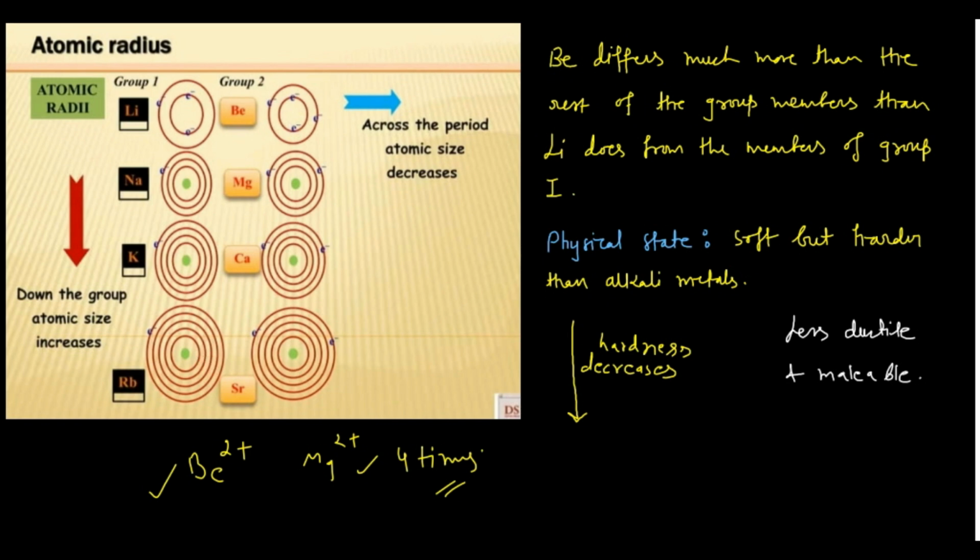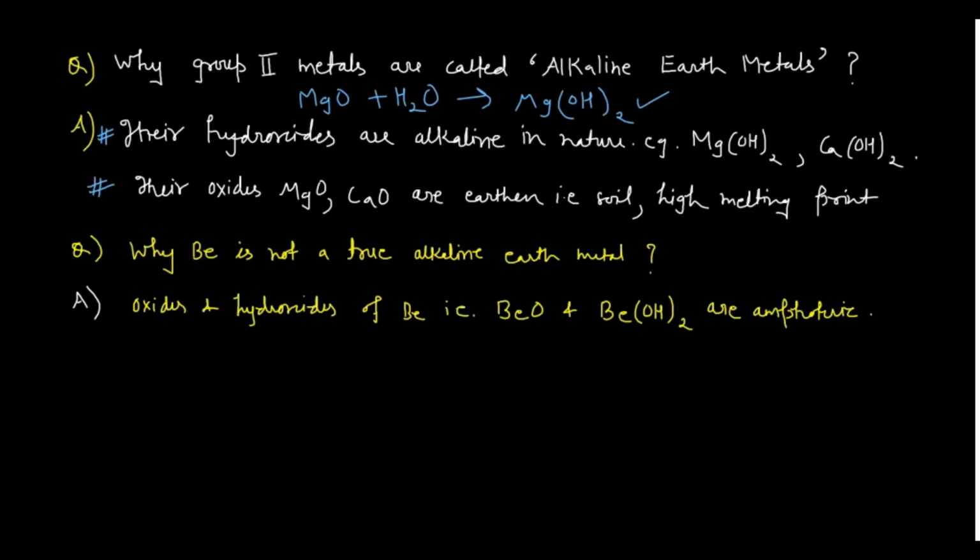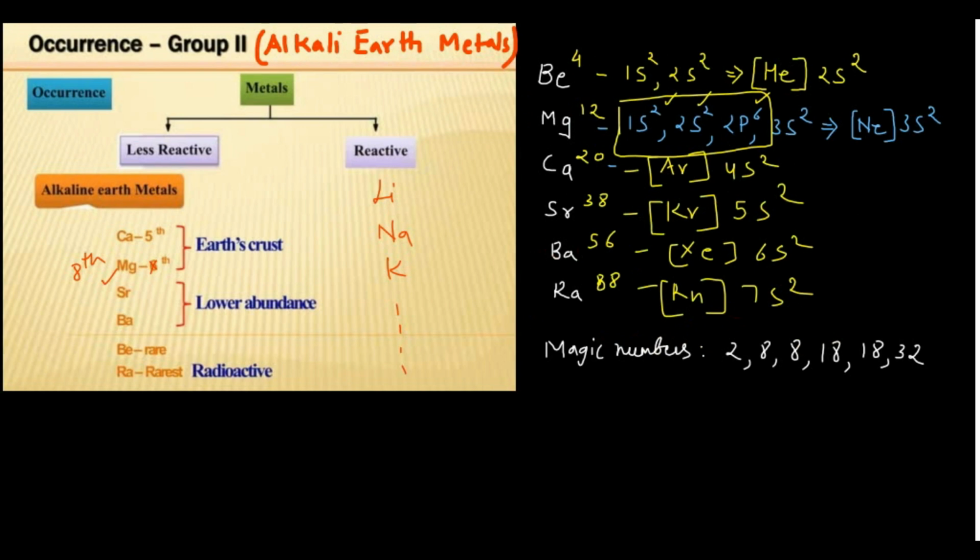See, the reason is the metallic bonding. Okay, and if I go back again, I need this particular slide. You can see here 2 electrons are present in the outermost shell of every element present in group 2, that is in the alkaline earth metals. So these 2 electrons are involved in the metallic bonding, while in case of the alkali metals only 1 electron is there in the s orbital.